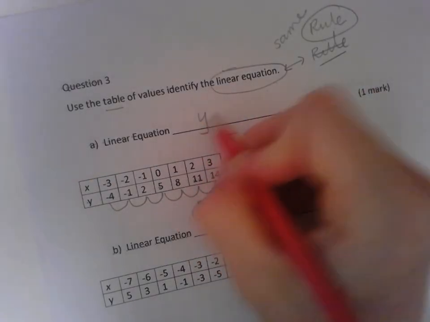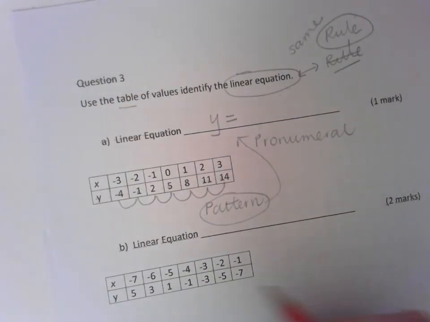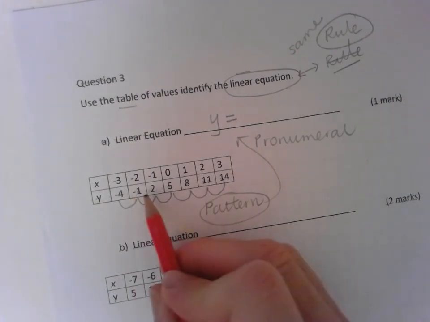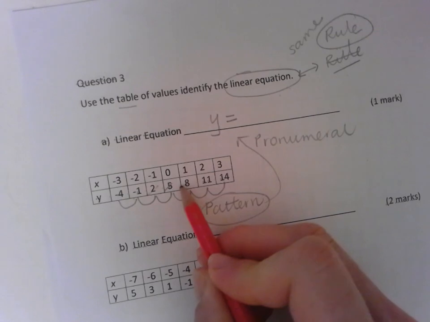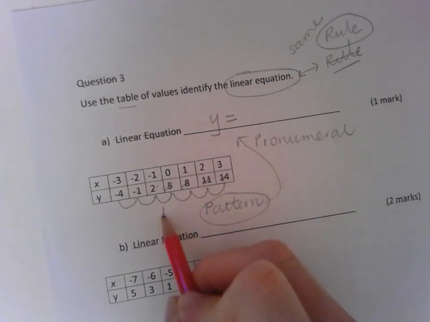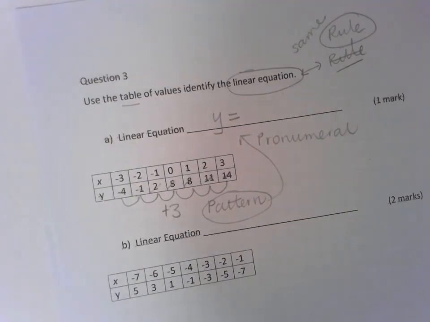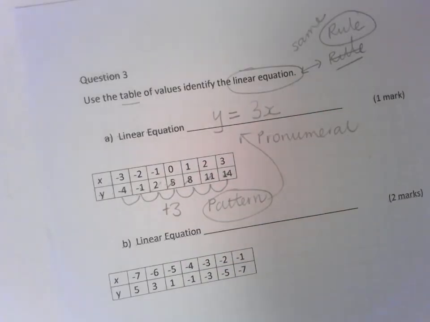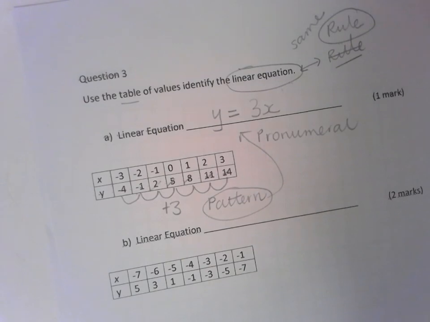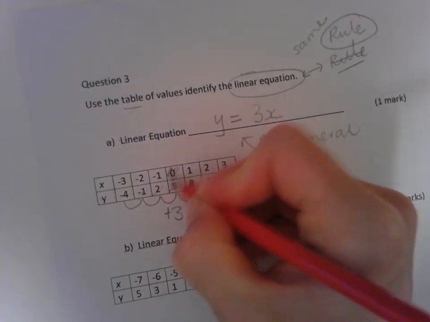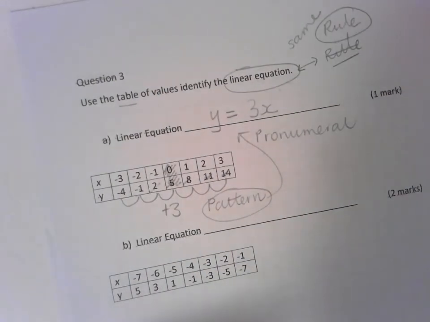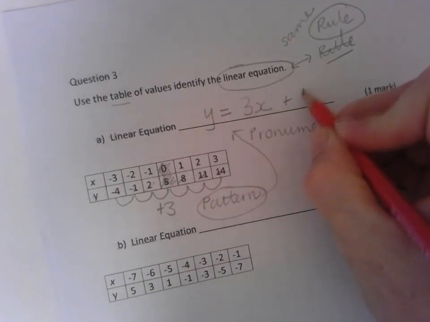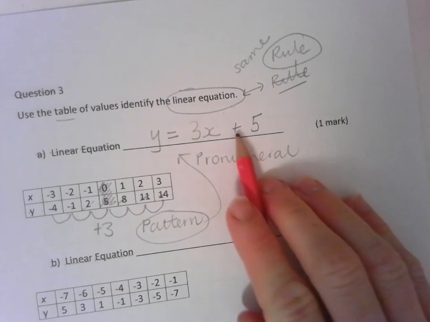So it's always going to be y equals, and our pattern here, if the negative numbers confuse you, look at your positives: 2, 5, 8, 11, 14. The pattern is increasing by 3. So positive 3 is your pronumeral sitting with your x. Then we look for what we call the treasure box. The treasure box is whatever is under that 0, and it's a positive 5, so the rest of our rule is plus 5.